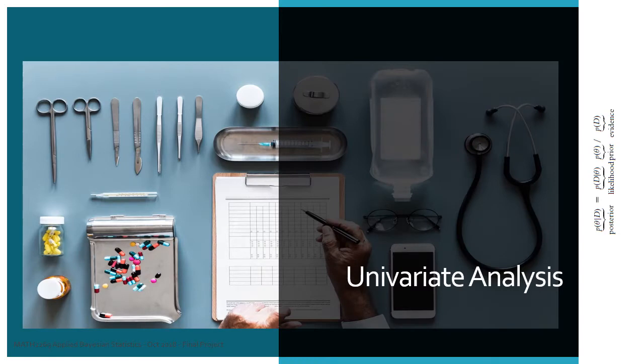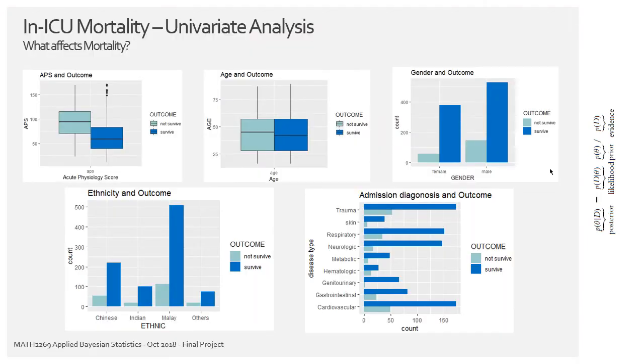To study what affects mortality rate, we take a look at the relationship between our target variable, outcome, and the various predictors. It is clear from the box plot that APS, which means acute physiology score, is positively related to our mortality rate. We know that the APS score is an indication of patients' health factors, including heart rate, temperature, and so on.